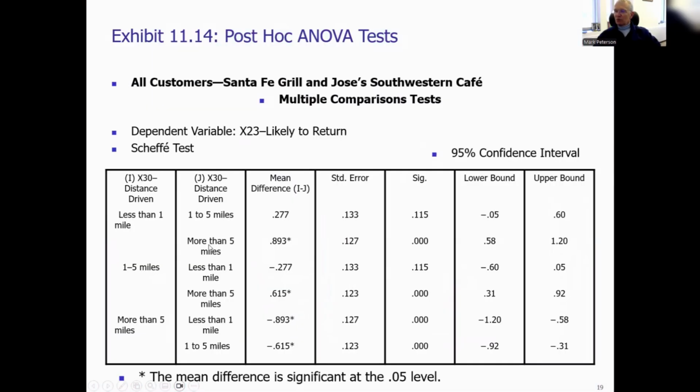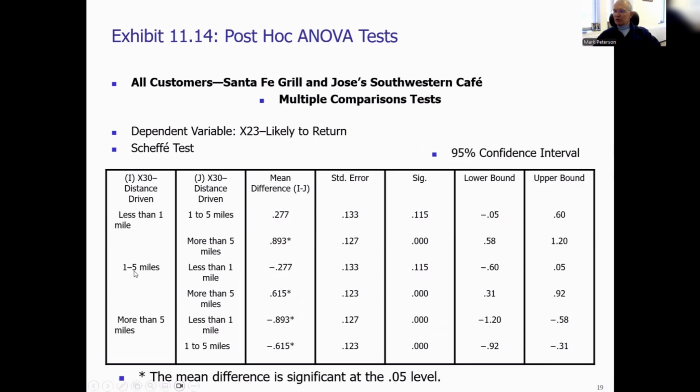And so here, when we run this test, our outputs look this way. We're comparing the less than 1 mile group to the 1 to 5 mile group, and then also to our more than 5 mile group. We see the difference here is 2.77 and then 0.893. There's a star there, meaning the difference is significant at the 0.05 level. We see that here in our significance for that test, 0.00.